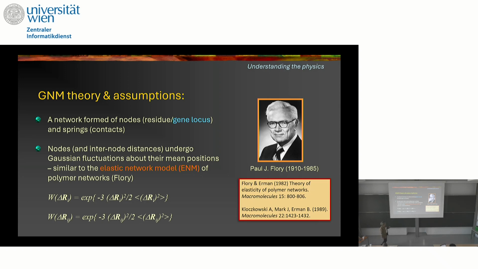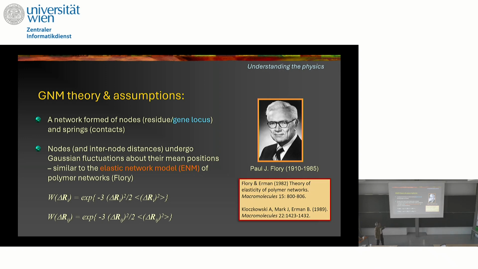According to the polymer theory of elasticity of polymer networks, you represent the big structure, the macromolecule, in terms of nodes and springs. Nodes, in the case of proteins, were residues. Now we are talking about gene loci. And springs refer to contacts, what is being measured by Hi-C experiments.